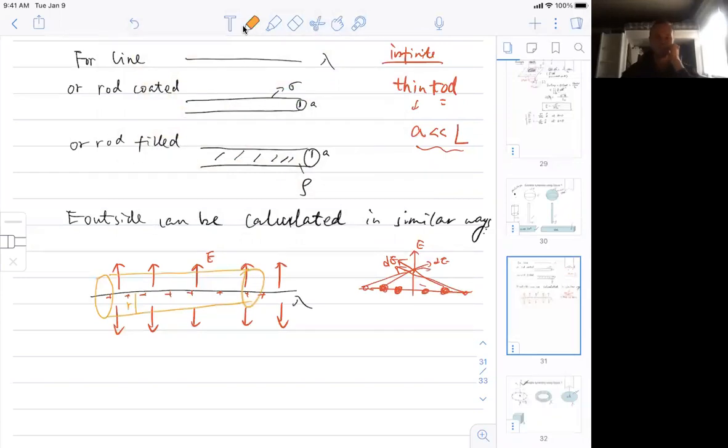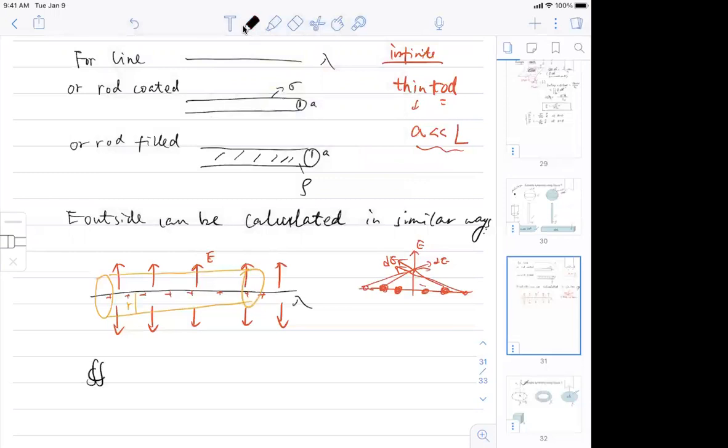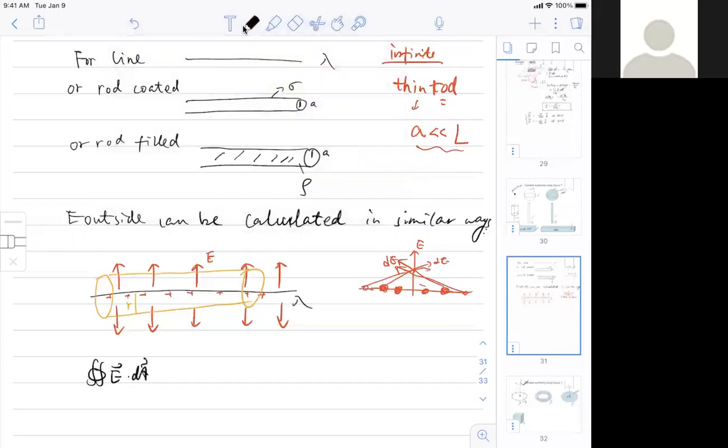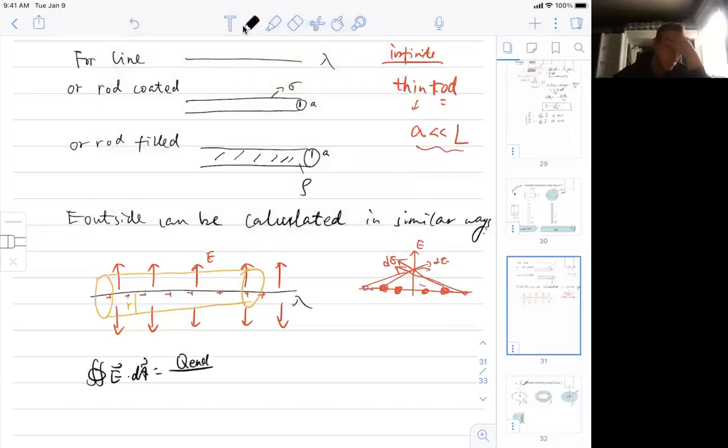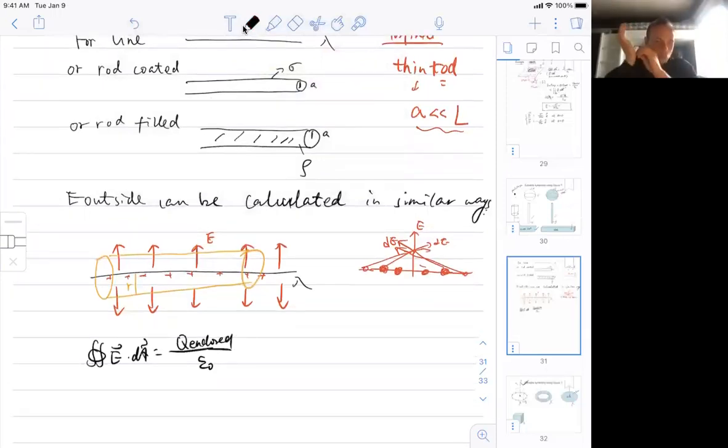which is at a distance R away from the rod. Okay, so let's do this together. E for the outside. I only need to calculate E on the side.